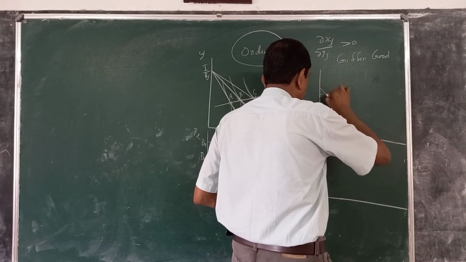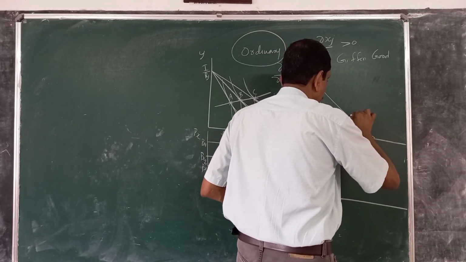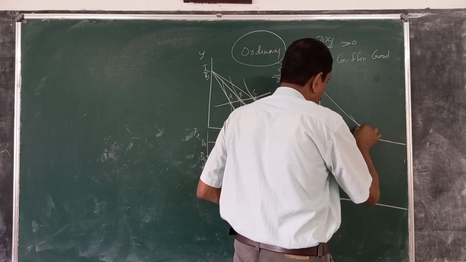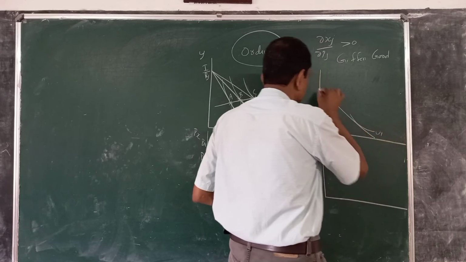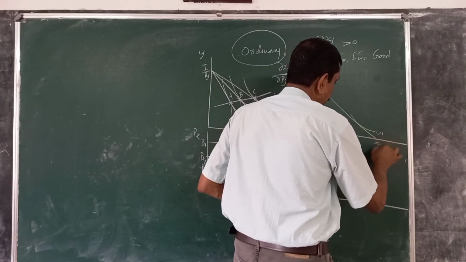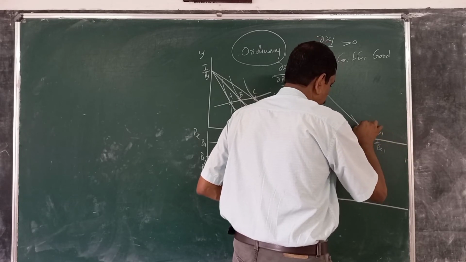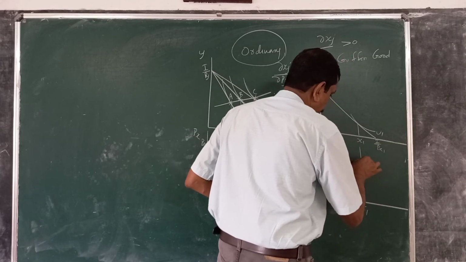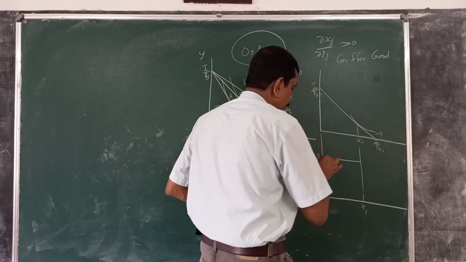When the price of X is given by Px1, with the price of Y, Py, and so on, we have the equilibrium here. This is I by Py, I by Px1. Equilibrium is here, quantity is X1, X1 for price Px1.